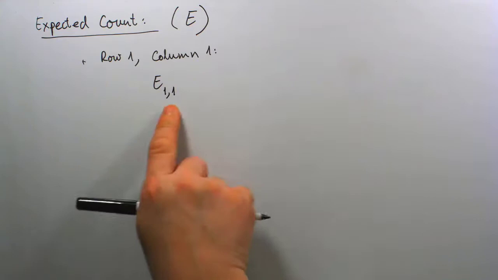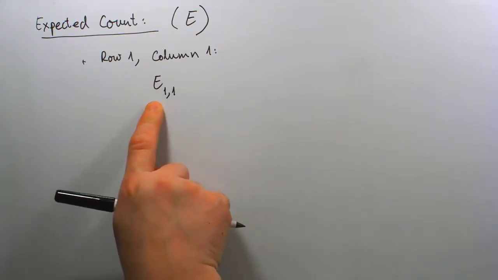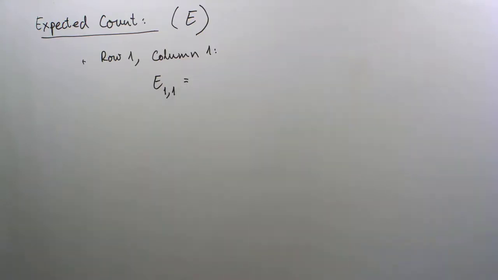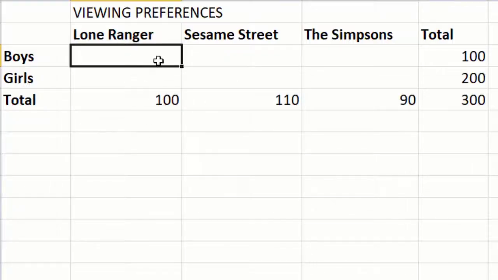So E11 right here is indicating the expected count that happens in row 1, column 1, which is the expected count that I'm about to find. For any table, as long as we know the total column and the total row right here, we can always come up with the expected count right here.